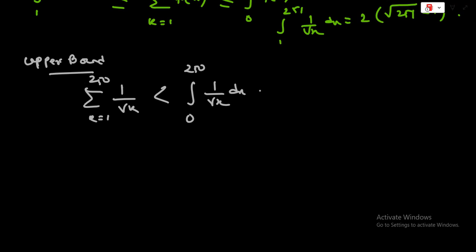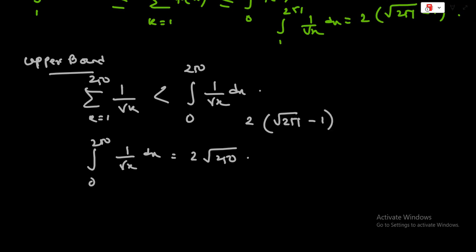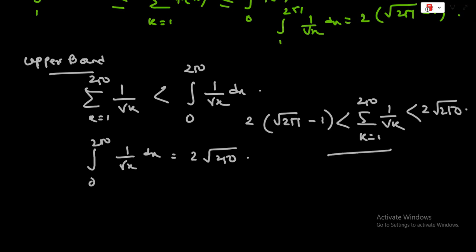Now we can say integration 0 to 250 of 1 by root x dx is 2 root 250, right? So what will be the final result? The final result will be 2 into root 251 minus 1 is less than summation k equal to 1 to 250 of 1 by root k, less than 2 into root 250. Okay, so we have proved it.